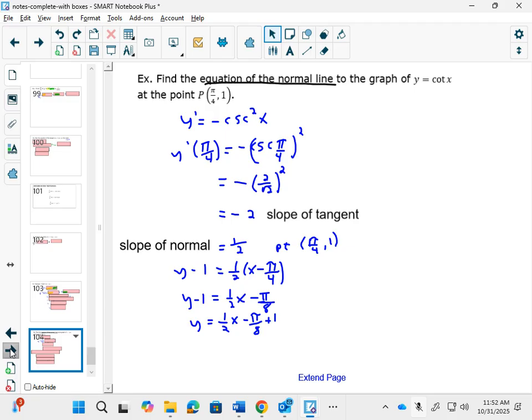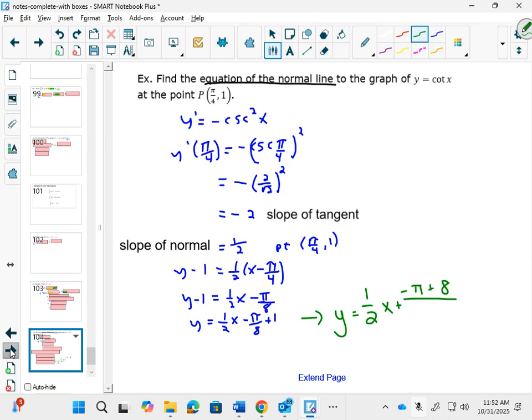I guess technically, if you wanted to really put those last numbers together, minus pi plus 8 all over 8 is your beautiful y-intercept. If you got a common denominator, you could make that into a single fraction and get one value.